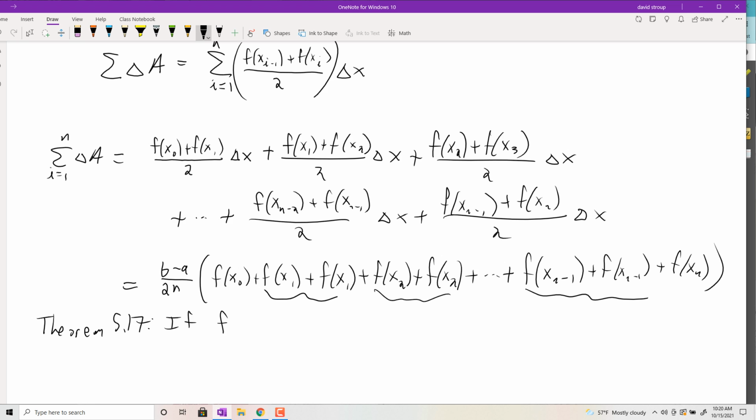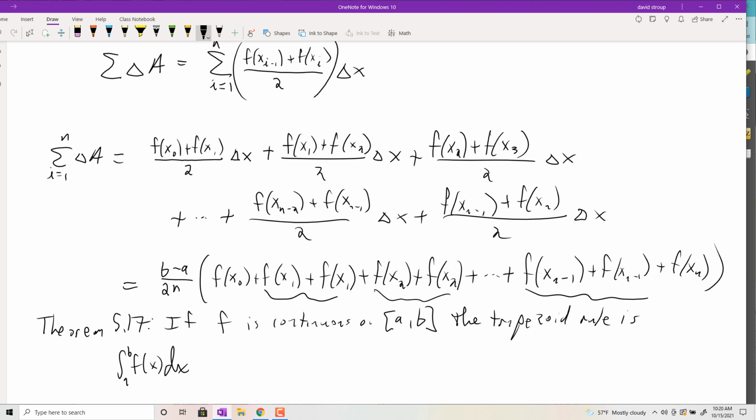If f is continuous on the interval from a to b, the trapezoid rule is that the integral from a to b of f of x dx is approximately b minus a all over 2n times f of x sub 0 plus 2 f of x sub 1 plus 2 f of x sub 2, dot dot dot, plus 2 f of x sub n minus 1, plus f of x sub n. So there's a 2 in front of all of them except the last one and the first one.